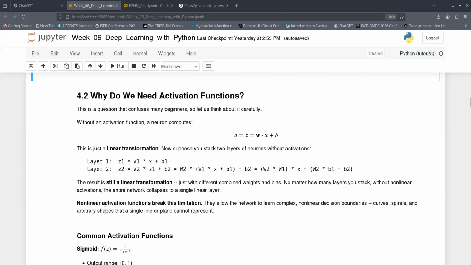So the nonlinear activation function breaks this limitation. It allows the network to learn complex nonlinear decision boundaries. This is very important to note.